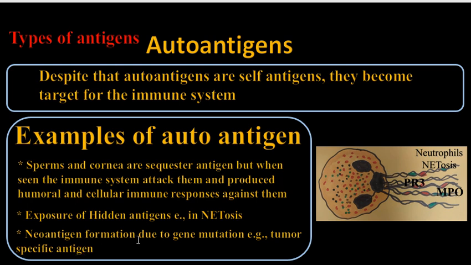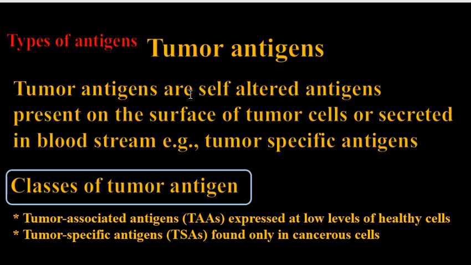Neoantigen formation is due to gene mutation. For example, tumor antigens are self antigens, but they undergo some alteration, for example, mutation, and when expressed on the surface of a tumor cell, they will be seen as non-self. Tumor antigens are self-altered antigens.